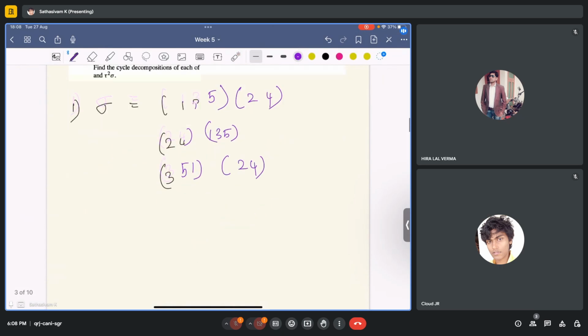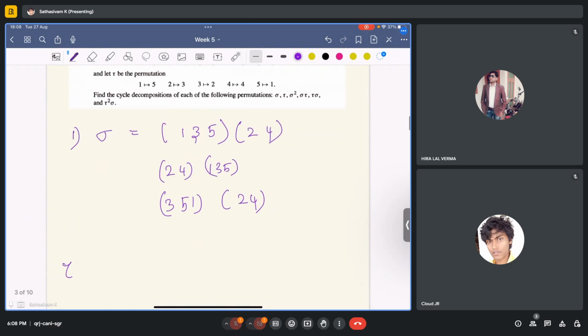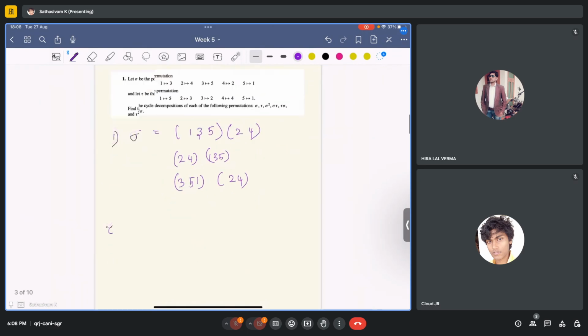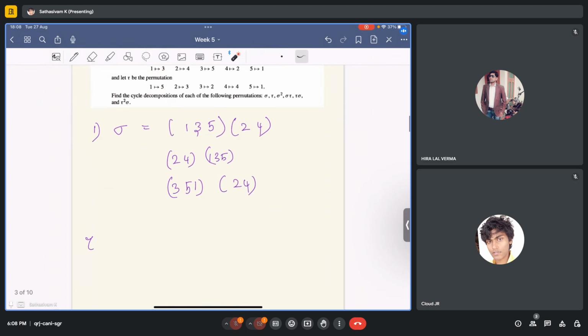So let's draw the tau. In tau, 1 goes to 5, and 5 goes back to 1.